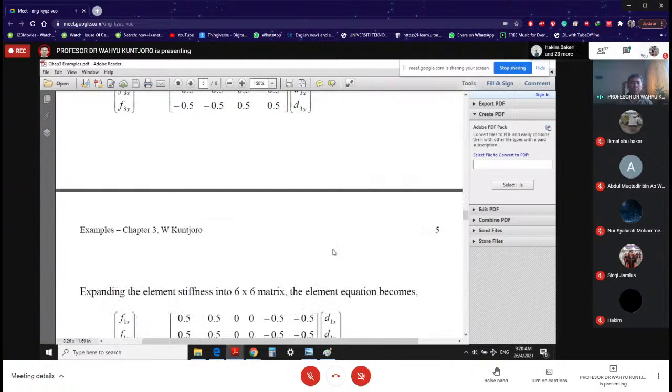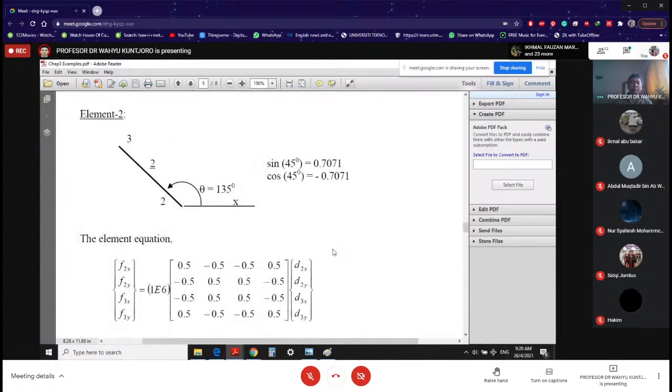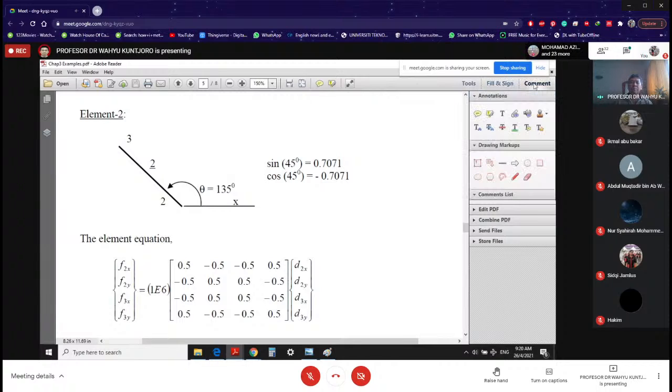Next, element number 2. That is element number 2. As I suggest, the x local is from low to high node number. So that means x local is going to be from 2 to 3. Okay, so that is our x local, from 2 to 3.